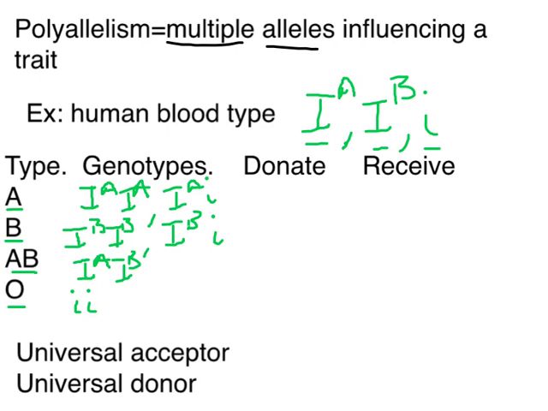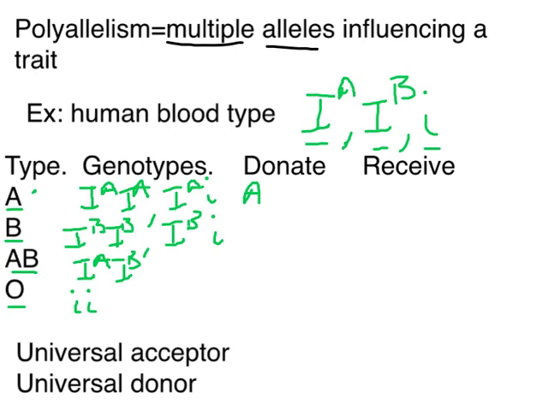So if you are somebody who is type A, we'll start here at type A, you can donate to somebody who is type A. You cannot donate to somebody who's type B because what would happen is your A proteins on your cells would cause them to have an immune system response to your blood, and that could kill someone.